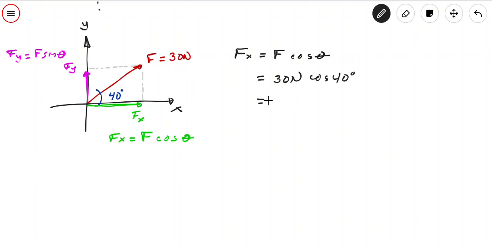So let me say that is approximately 23.0 or 23 newtons approximately. If I find out Fy, and I know that Fy is F sine of theta, it would be 30 newtons sine of 40 degrees. So it would be sine of 40 times 30. This is equal to 19.3 newtons approximately.